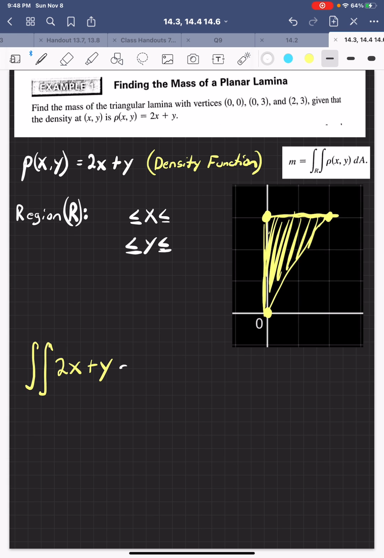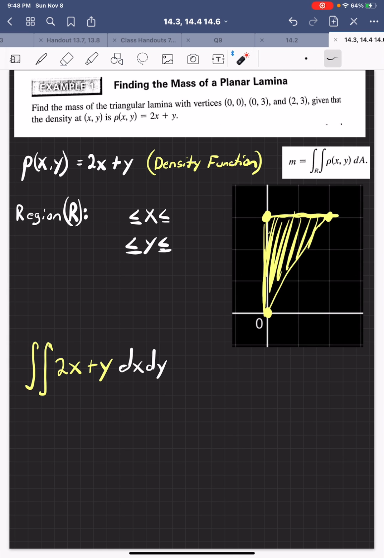I don't think there's much difference in difficulty between dy dx and dx dy, but I'm going to do dx dy just because the majority of the double integrals I've done so far have all been dy dx. So I'm going to perform this integration this way.